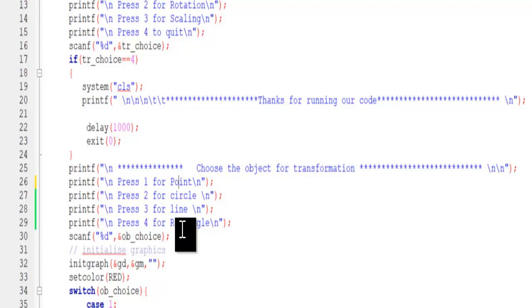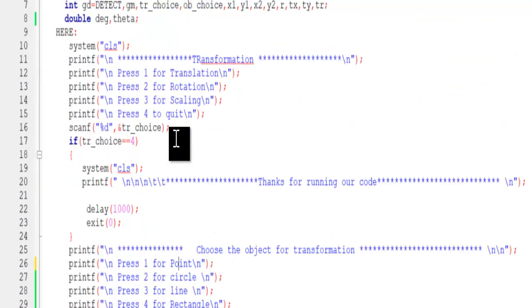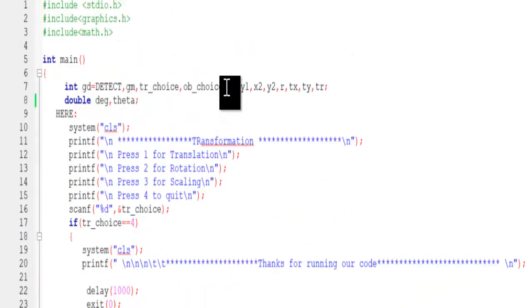Rectangle also has the northwest corner and southeast corner, so x1 y1 and x2 y2. So for these two I need x1 y1 x2 y2, and for point and circle I only need x1 y1 and r for the radius of the circle.